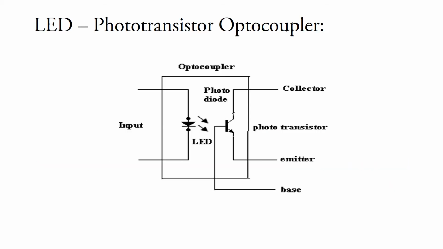Clear? The same optocoupler can be constructed using a phototransistor. In the previous case we saw a photodiode; here we will see a phototransistor. The input is the same LED. When the pulse is given, the LED emits light. When the light falls on the base junction, through the collector we can get the corresponding output.